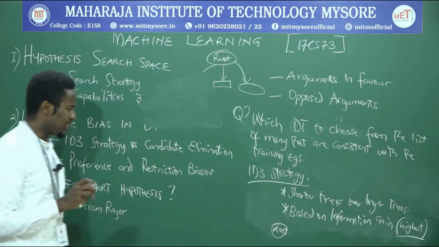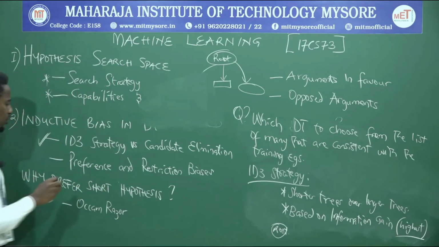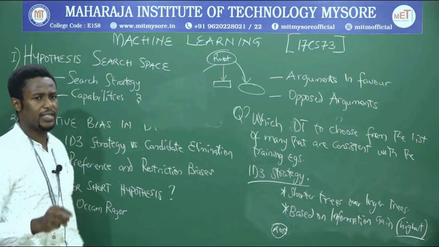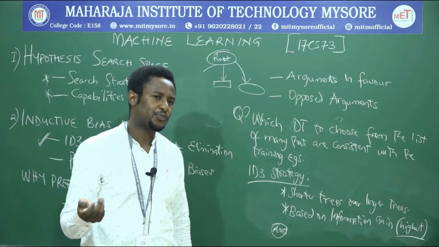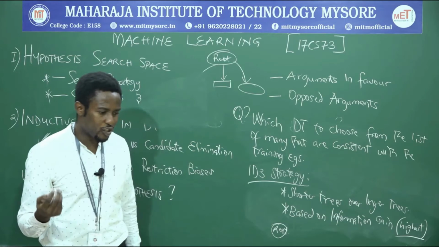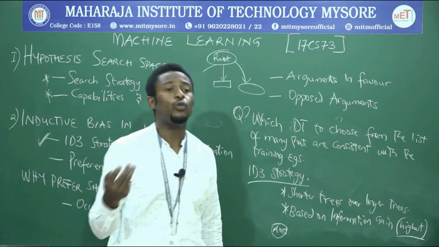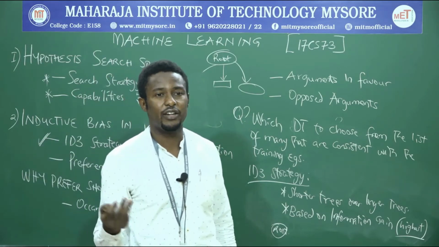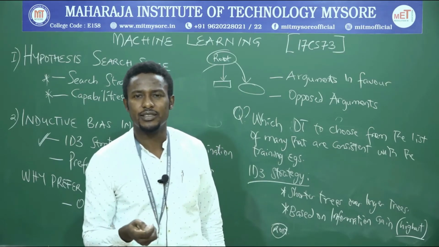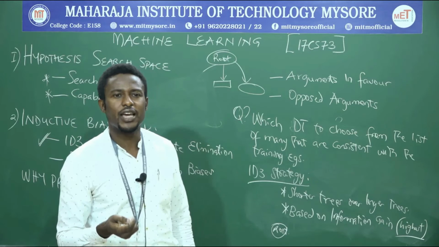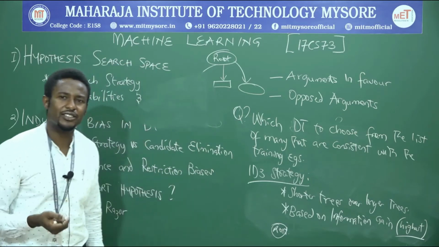So in this case, when we look into preference and restriction biases, preference bias is asking you the question, which one should I prefer over the other? Have we not answered it? Which hypothesis should I prefer over the other?